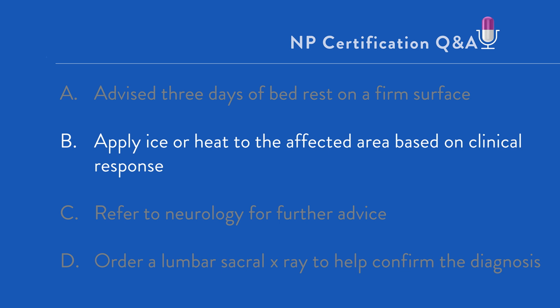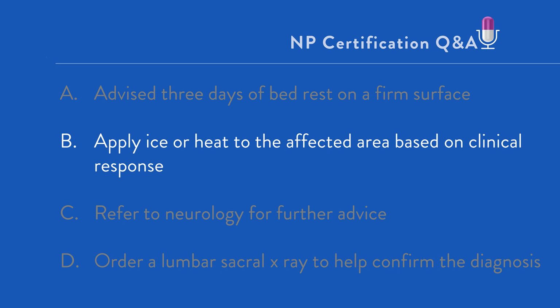B, apply ice or heat to the affected area based on clinical response. This is the correct answer. The term based on clinical response reflects on whether the patient's discomfort gets better with ice or better with heat. And a lot of times what I will tell patients to do is alternate both of them, 15 minutes on, 15 minutes off type of a thing, and give it a try. See which one helps them more.